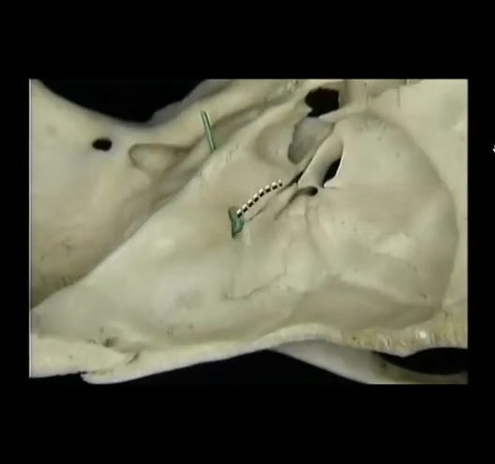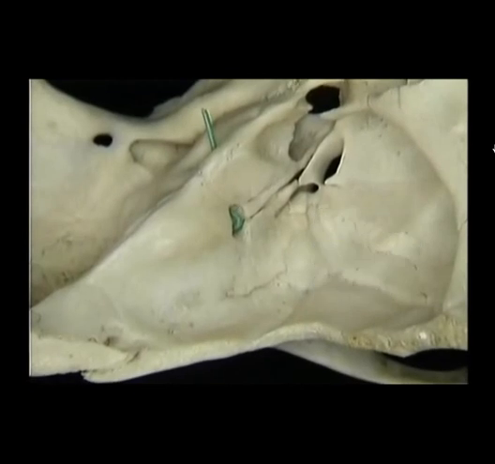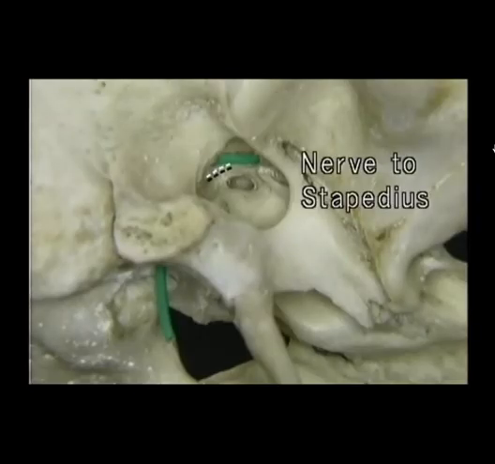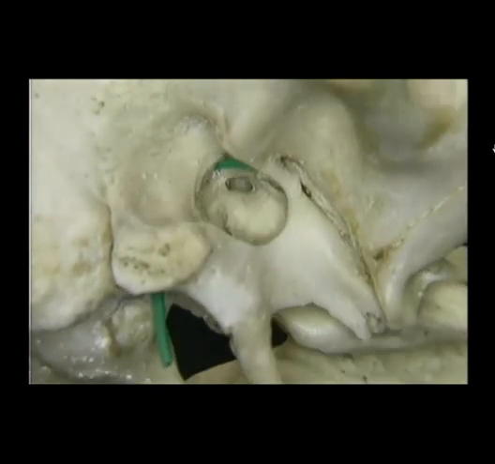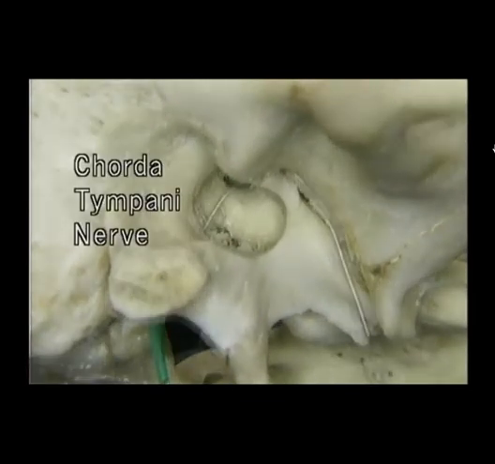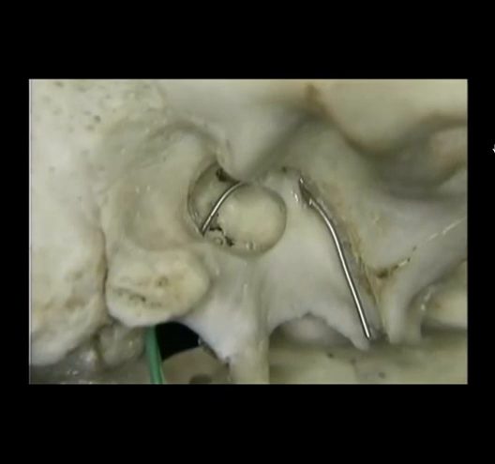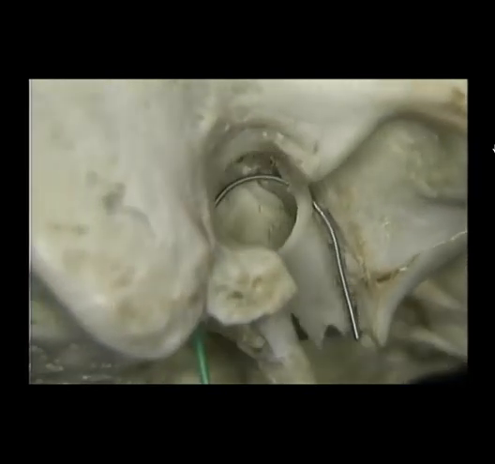The greater petrosal nerve, which is the autonomic branch, a branch in the middle ear, the nervus stapedius, and a special branch, the chorda tympani, represented by this wire. The chorda tympani passes upward on the inside of the tympanic membrane.